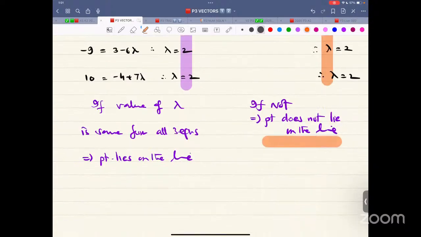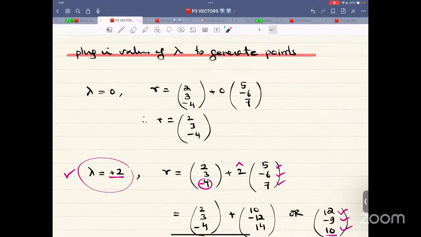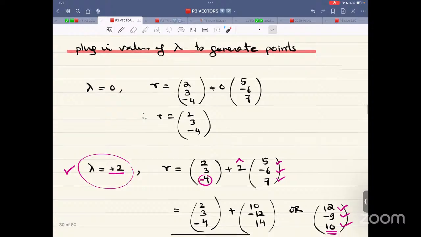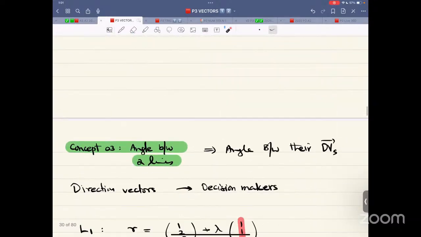The scenario in this case is, if the value of lambda is the same in all three equations, point lies on a line. If not, point does not lie on a line. The same thing, plug in value of lambda to generate different points. So one point is obtained by only one value of lambda. That is the logic over here.